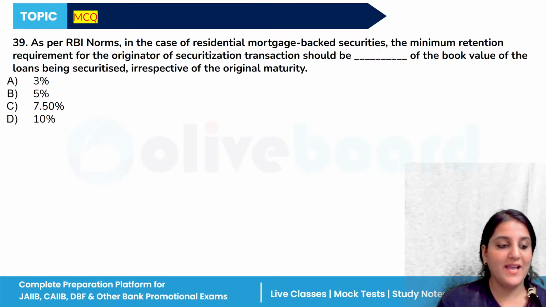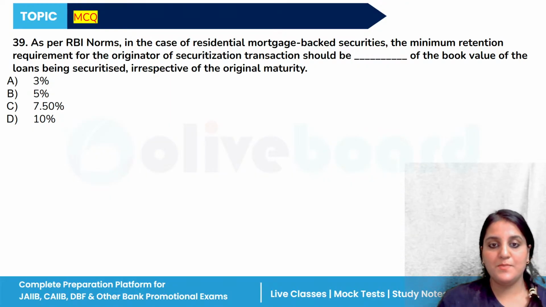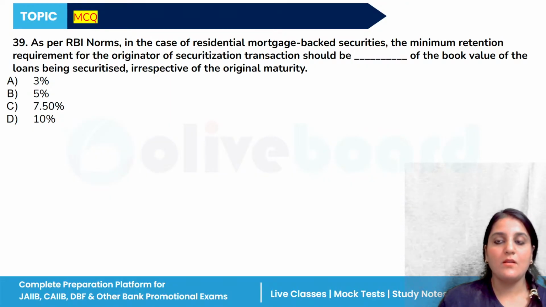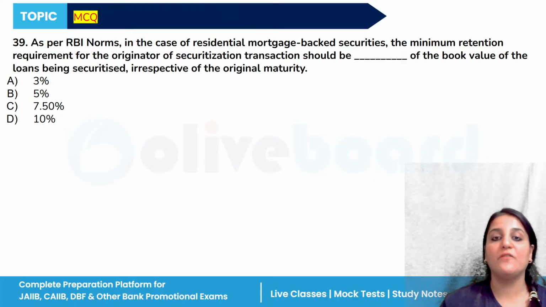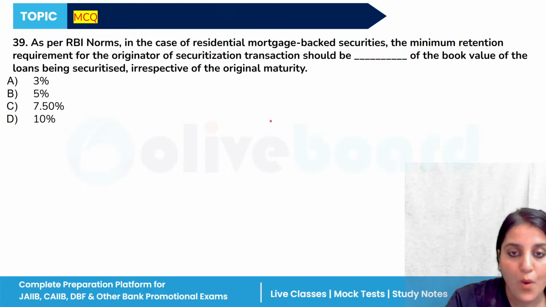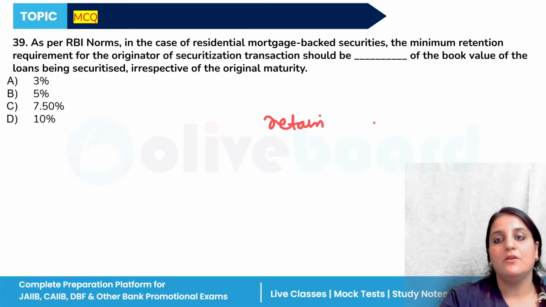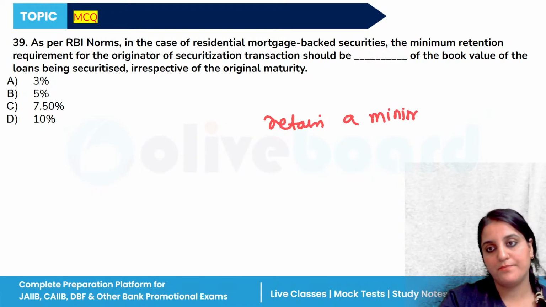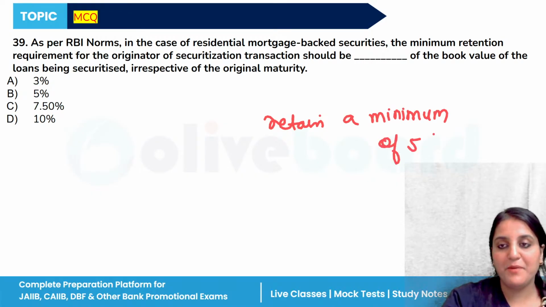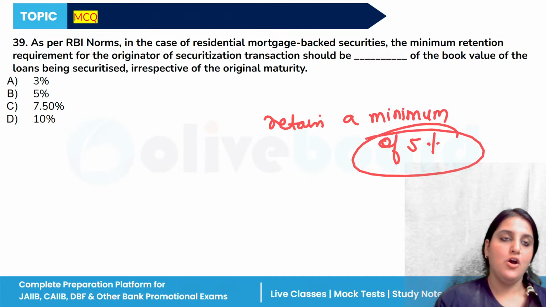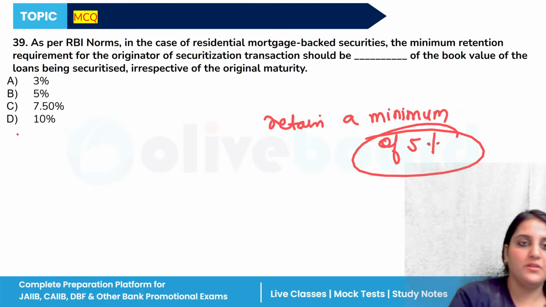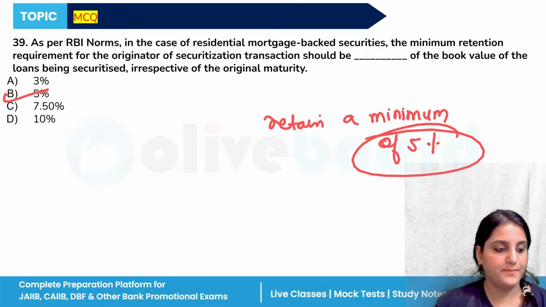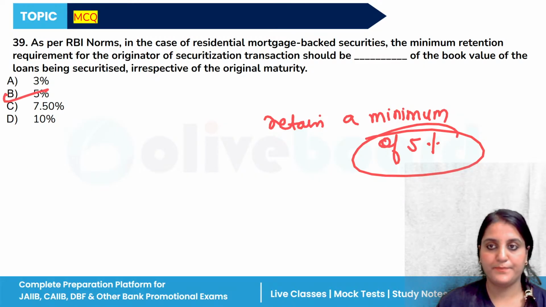As per the RBI norms regarding residential mortgage backed securities, the originator of the securitization transaction is required to retain a minimum of 5% of the book value of the loans being securitized. So 5% is correct here.